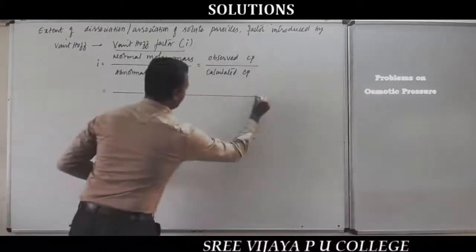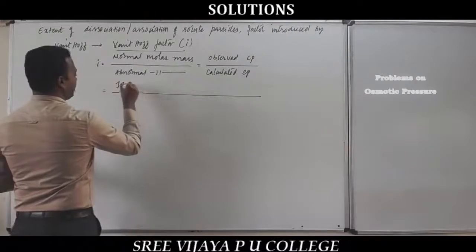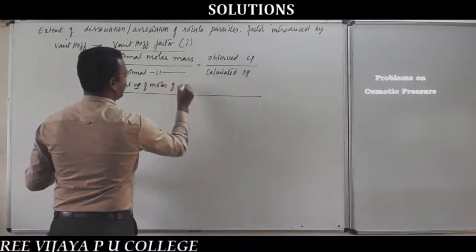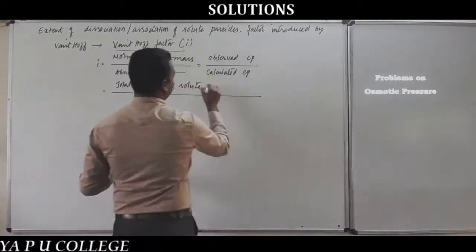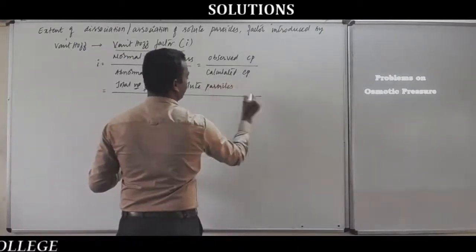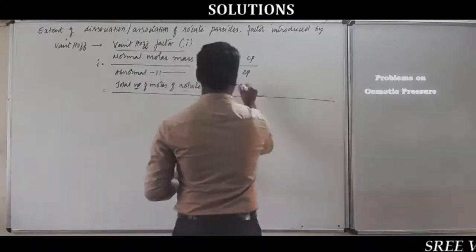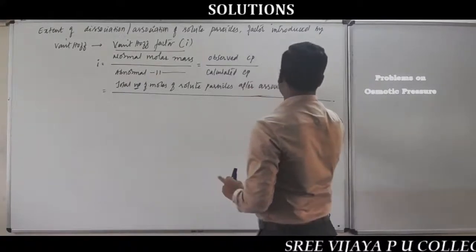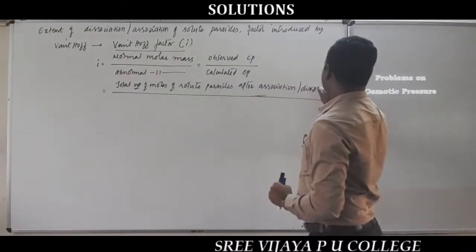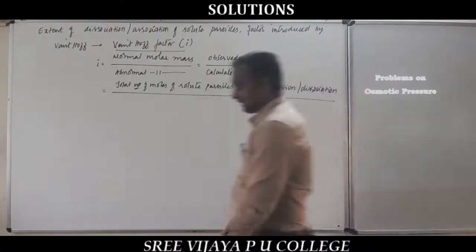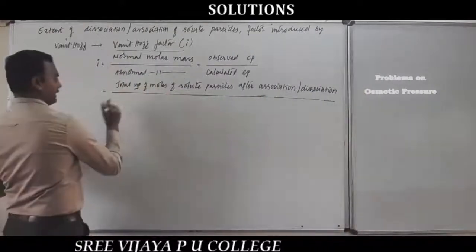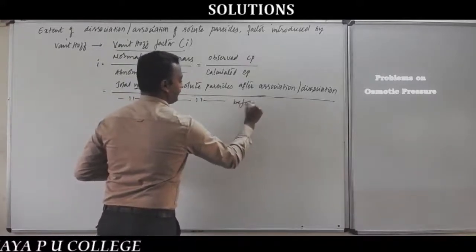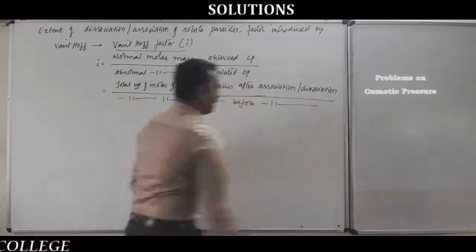That is, I is equal to total number of moles of solute particles after association or dissociation, divided by total number of solute particles before association or dissociation.